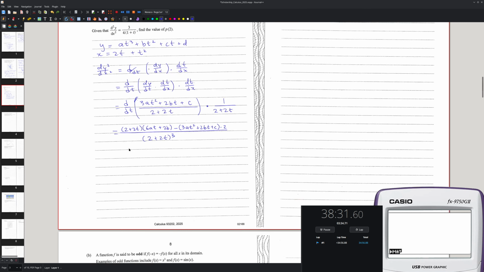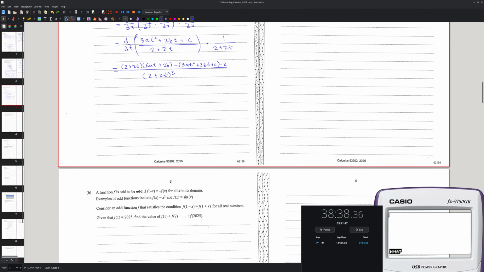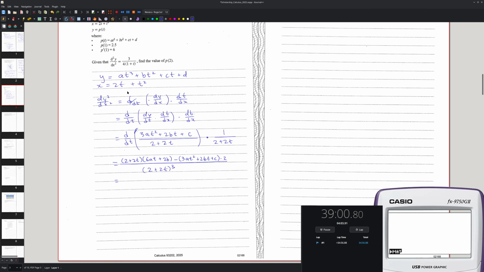And then now we presumably just expand this, right? Obviously if you look at this, two of those 2 plus 2t's have to come out, right?